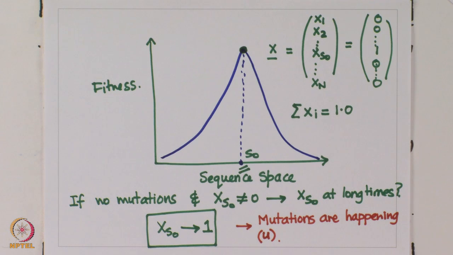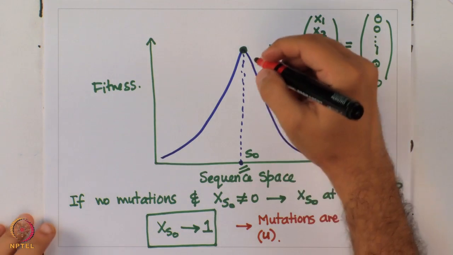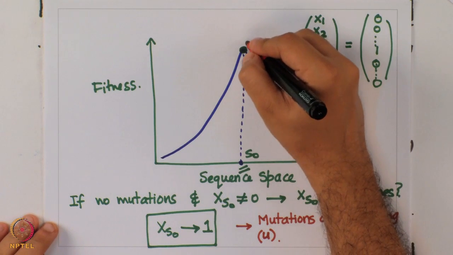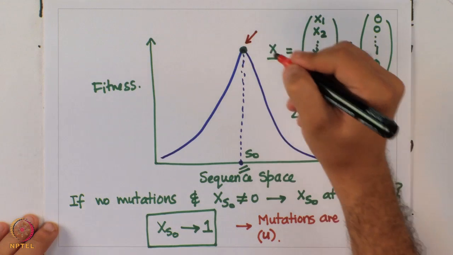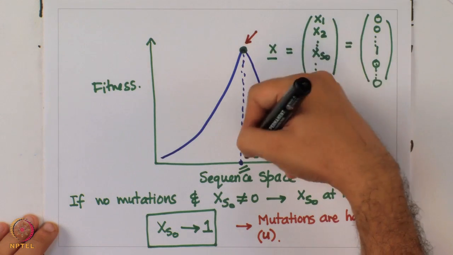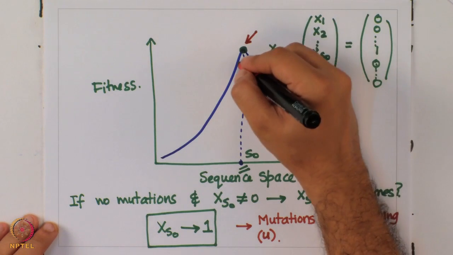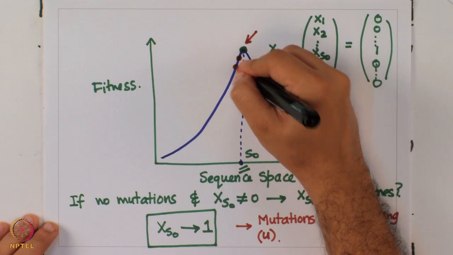And I want you to imagine what would be the steady state population in such a system. Again, take a few seconds and think about this. And what should really come to mind is that now the population will obviously not be only at the genotype corresponding to the maximum fitness, but there will be a spread around the peak.